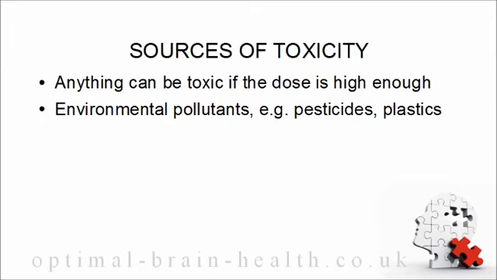Also plastics and solvents, some of which are entirely new from a biological perspective, in that we haven't evolved the means of handling them. And also heavy metals such as mercury and lead, which aren't new, but are now found in much higher levels than ever before in human history, again because of the modern industrialized society that we live in.